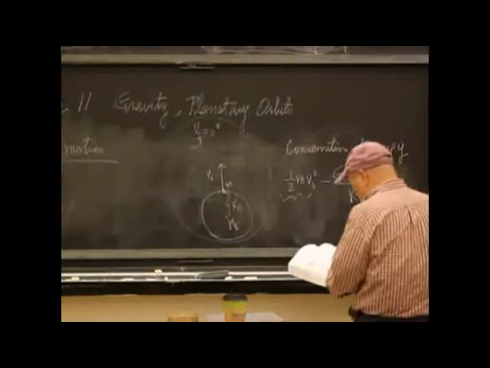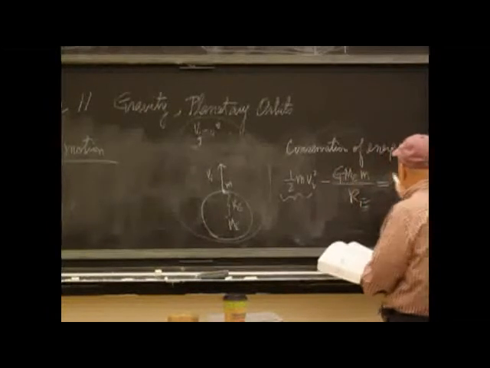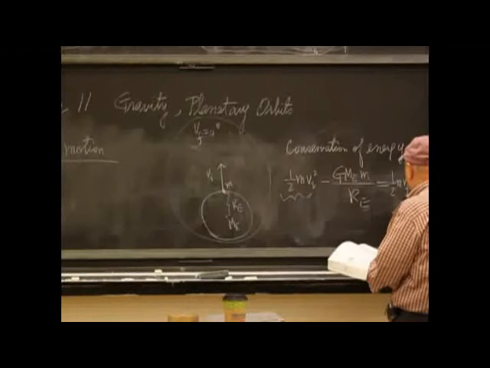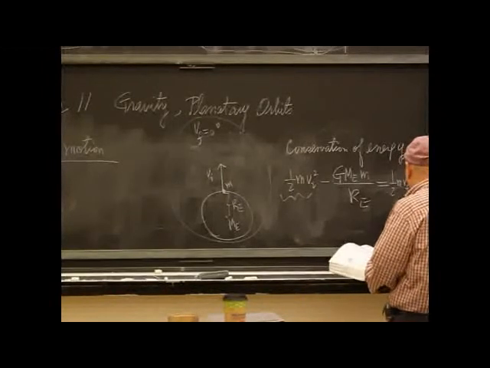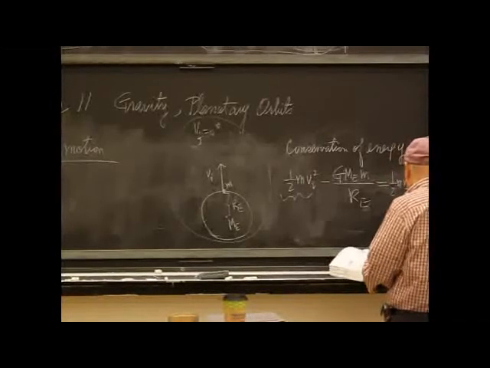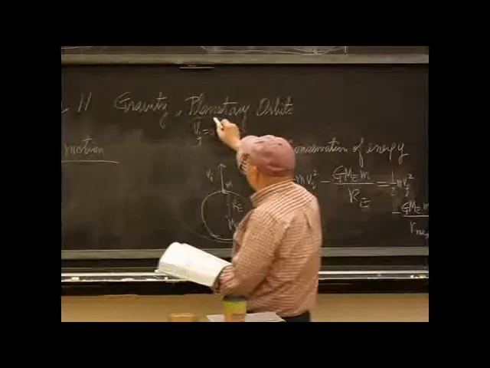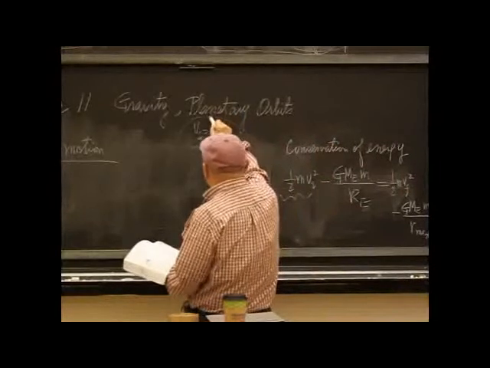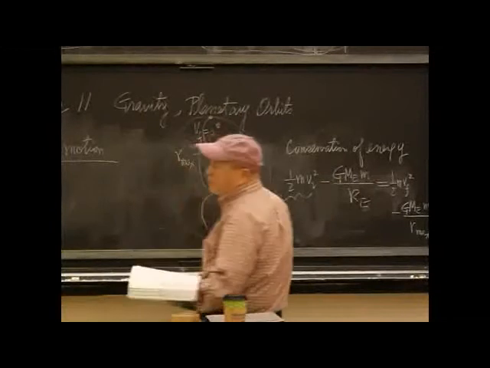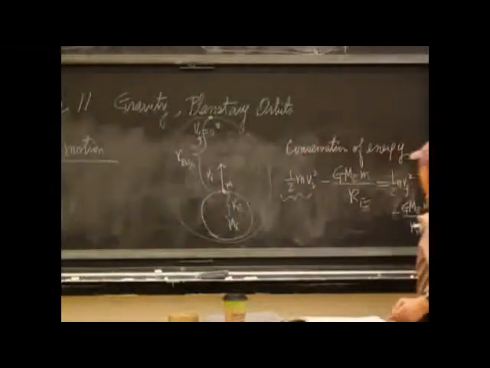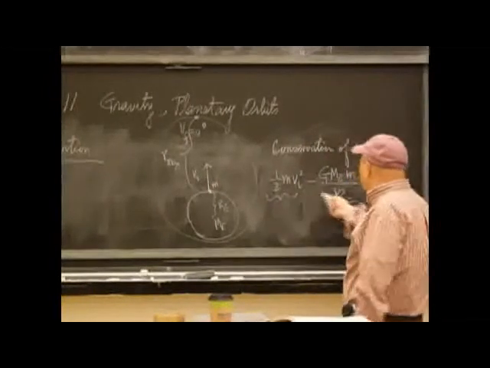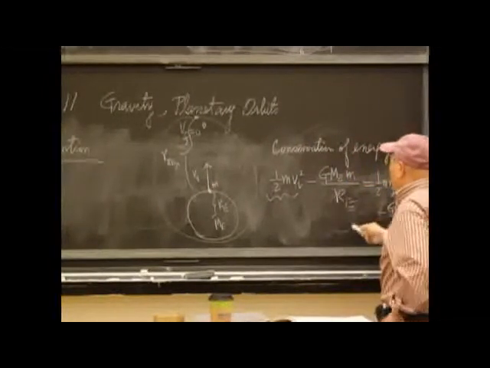That is equal to the final kinetic energy minus G M_E m divided by R max. In which case, R max is right at this point. R max can be infinity, so this term drops out.